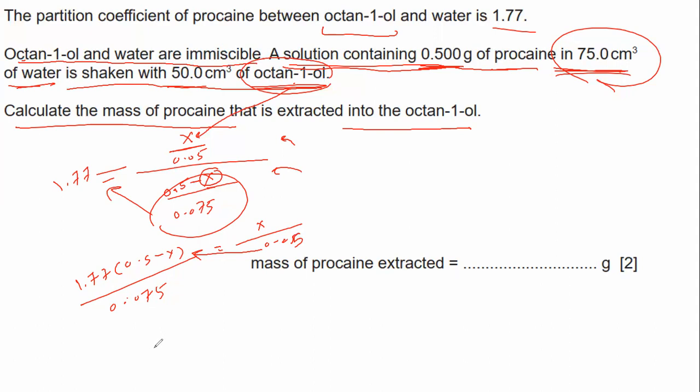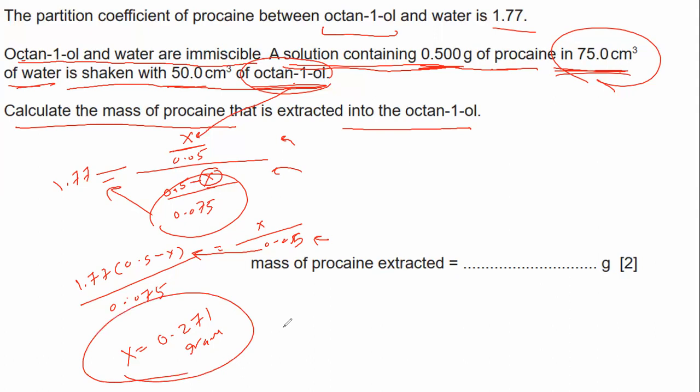As I told you, this is just simple math. Should we do it? It takes a very long time, so we don't have to do it. Finally, you will end up with X, which is the mass, equal to 0.271 gram. After doing all of this math, you will end up with this. This is very simple, the math. It's IGCSE math.